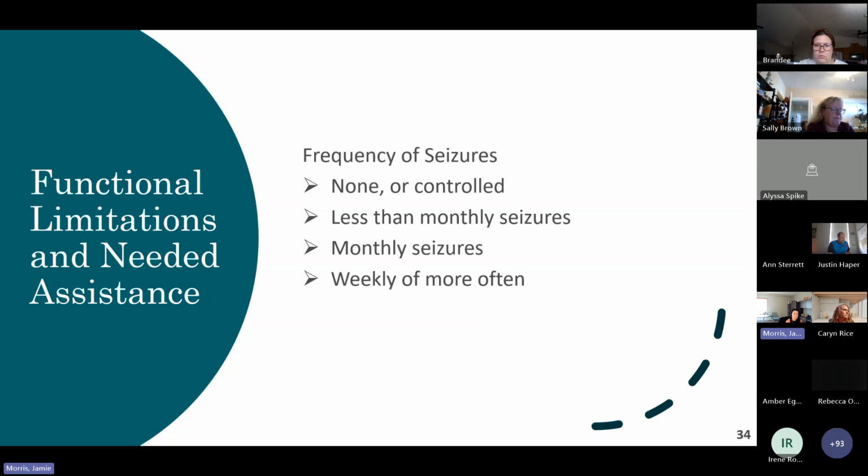So you are looking to see how this person is doing, if they are a person with seizures or epilepsy. I should be able to look at the documentation and tell that they have it weekly in order for me to choose that one. If, of course, they do not have epilepsy or seizures, then I'm going to choose none or controlled.